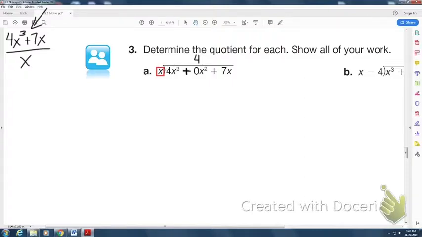So 4x squared. After that, I'm going to multiply. So I've got 4x squared times x, which is 4x cubed. I subtract, and that gives me 0. After that, I drop down.